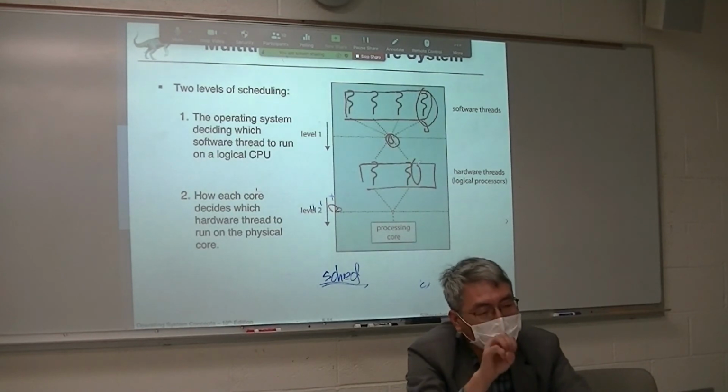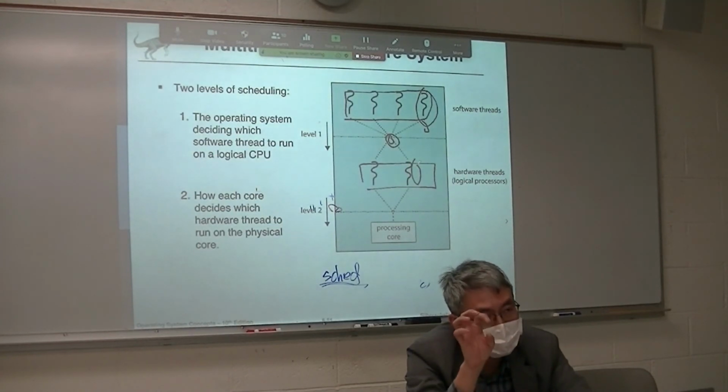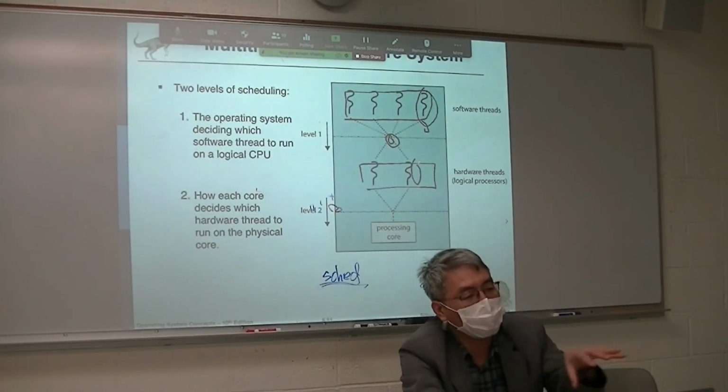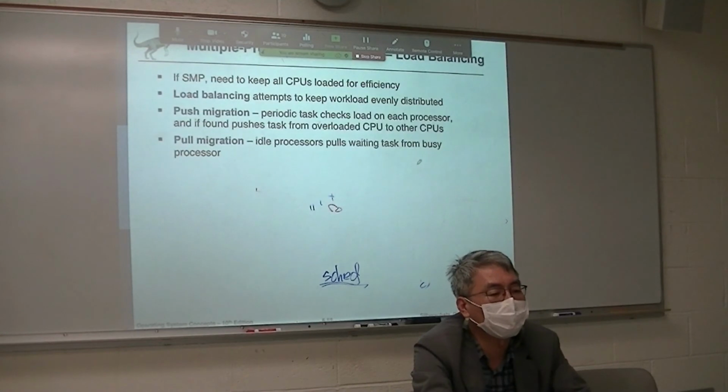Specifically, if you select PCS, process-level contention scope, the LWP will be in charge of the thread scheduling.